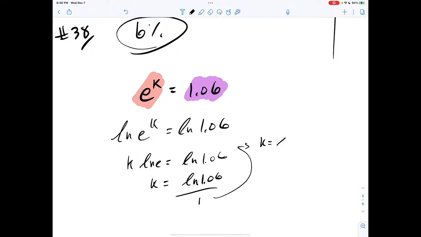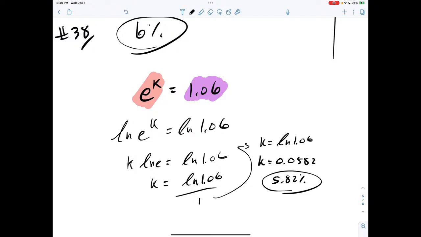So k equals ln of 1.06. If you calculate the ln of 1.06, I end up getting k is 0.0582, which is about 5.82%.